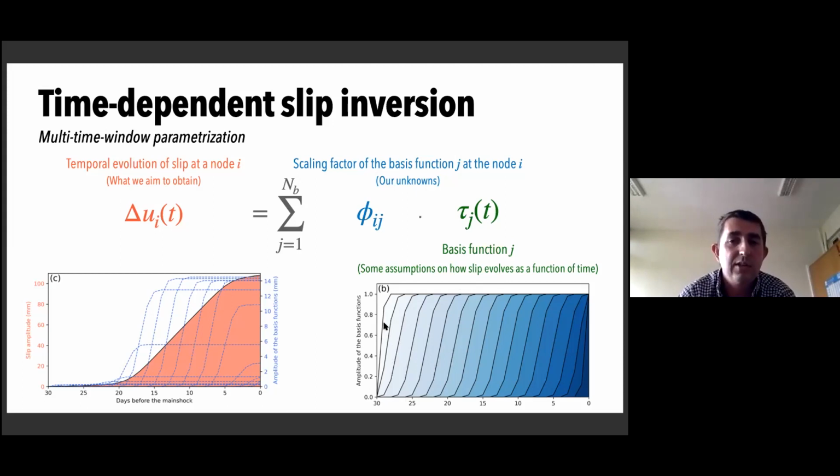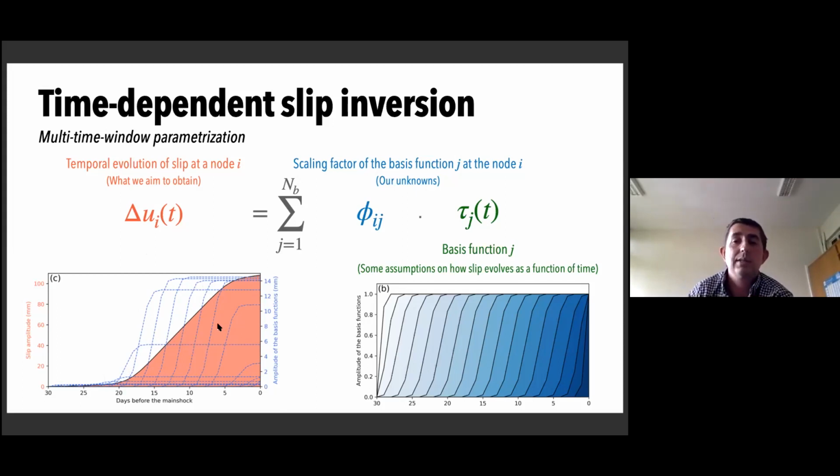They also integrate to one, so they're really suited for this type of problem. Then what you're trying to do is to find the scaling of each of these basis functions. So then you obtain those dashed lines, for example. And when you sum them all together, you obtain the temporal evolution of the slip at the given node, which is shown here by the red curve.